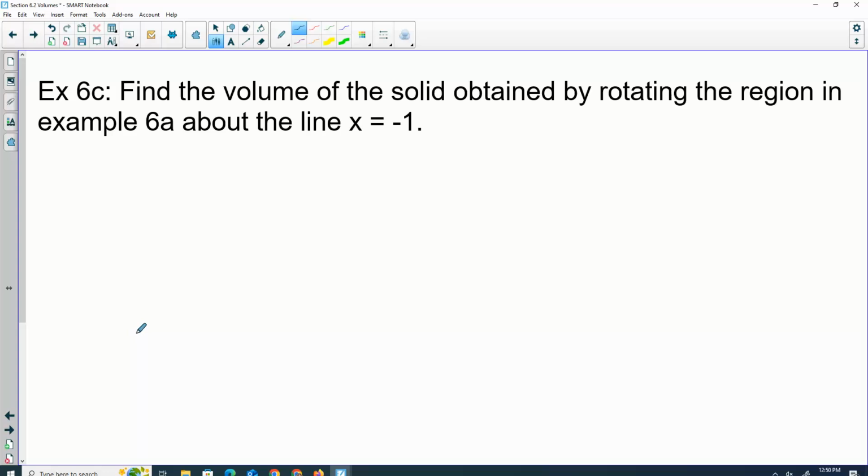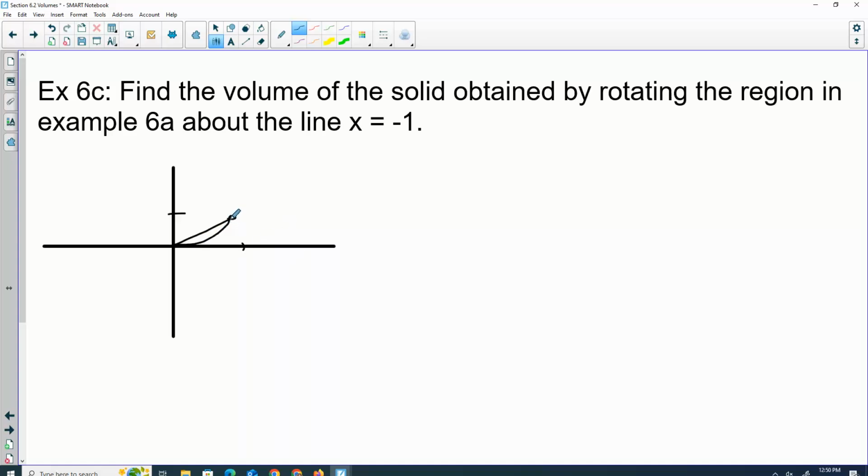Now everything changes. So find the volume of the solid obtained by rotating that same region down the line x equals negative 1. So, y equals x. y equals x squared.